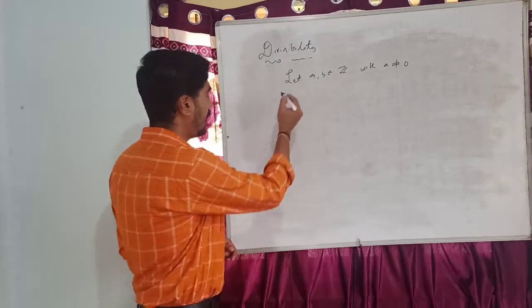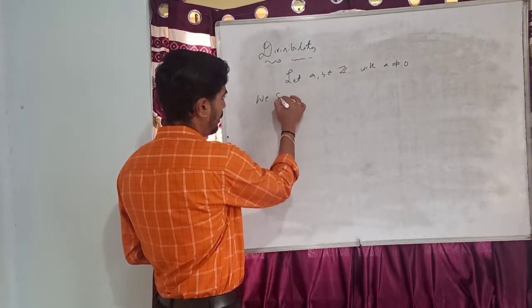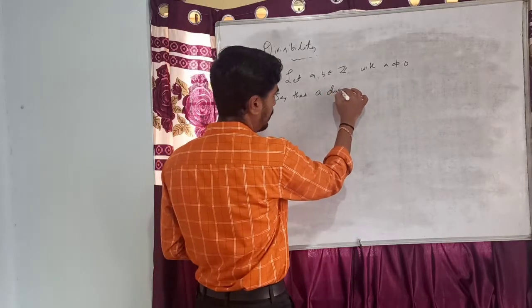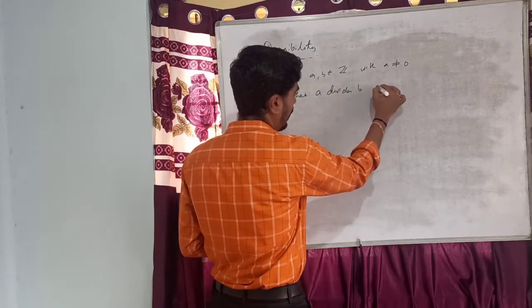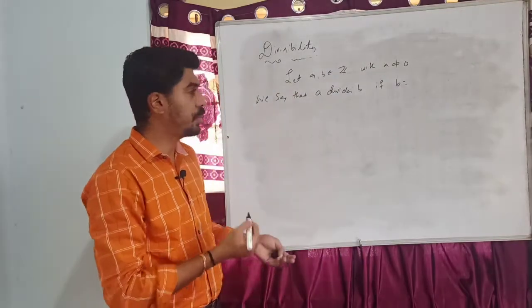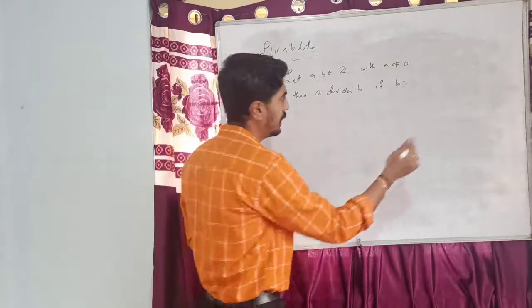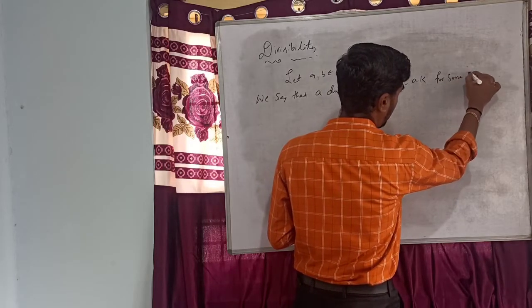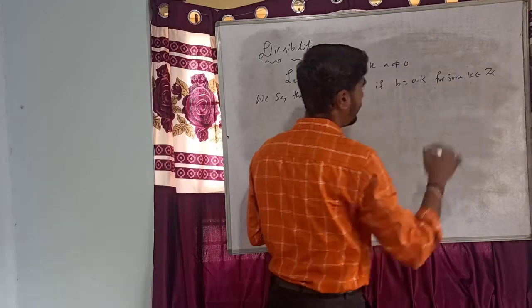We say that a divides b if b can be written as a into k for some k belonging to Z.